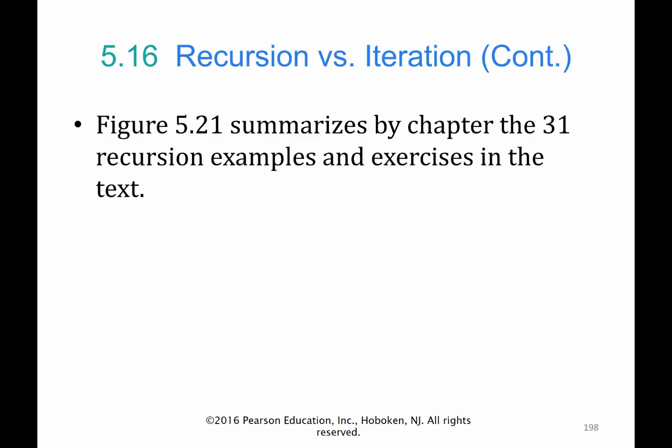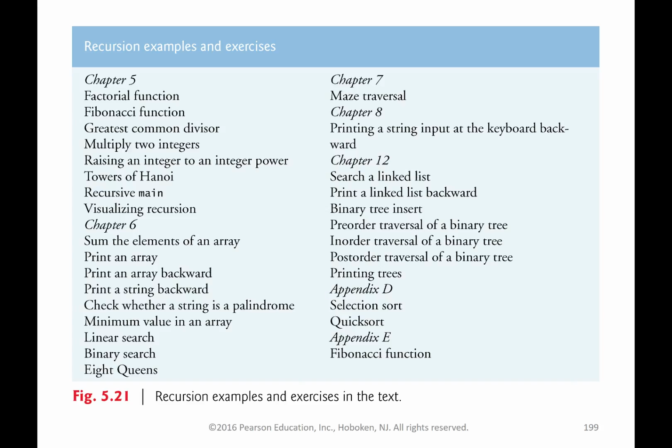And there's that figure 5.21 in the book gives 31 recursive examples in the text. So if you look at the textbook, it has lots of examples where recursion is used. And again, notice that I mentioned the first one was the Towers of Hanoi. That's listed as one of the examples, so you can find that example there.